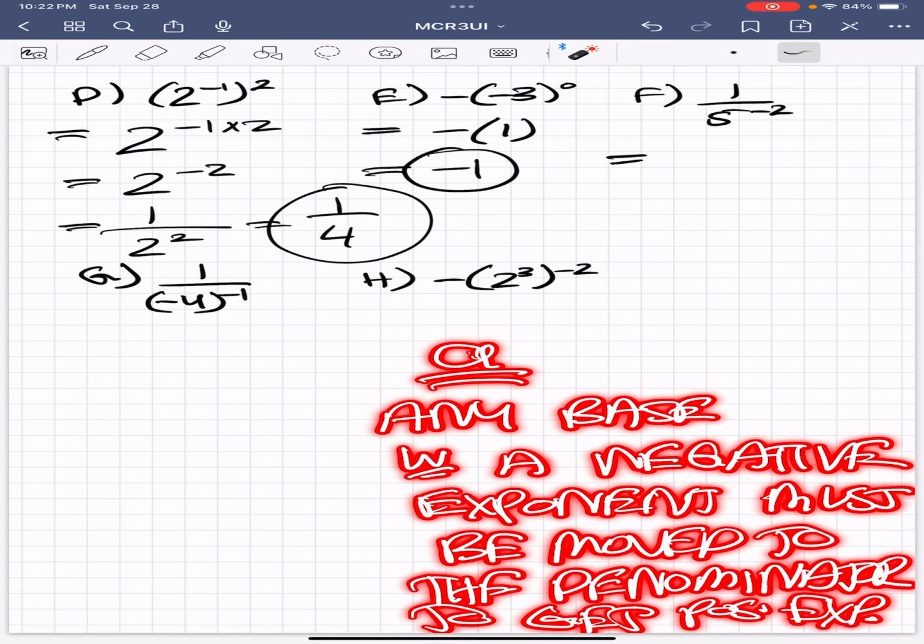But if it's already on the denominator, then we switch it towards the numerator, and then we have a positive exponent.